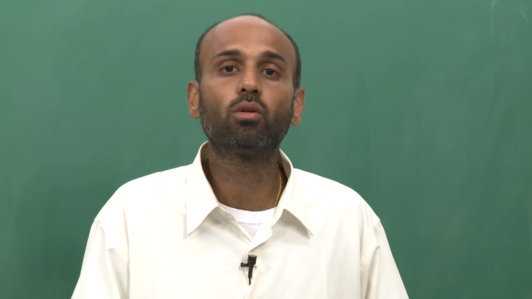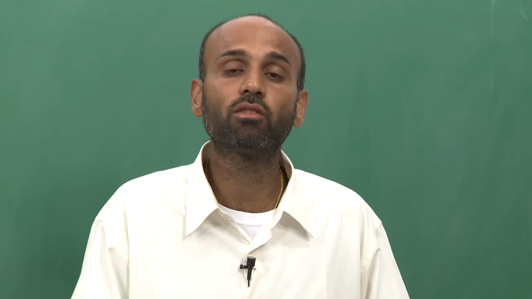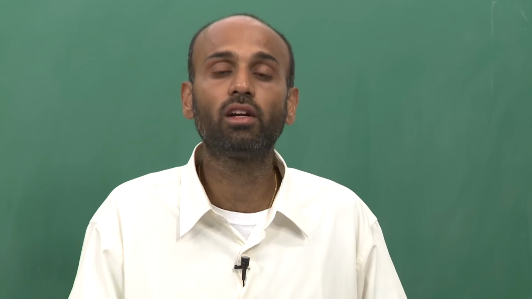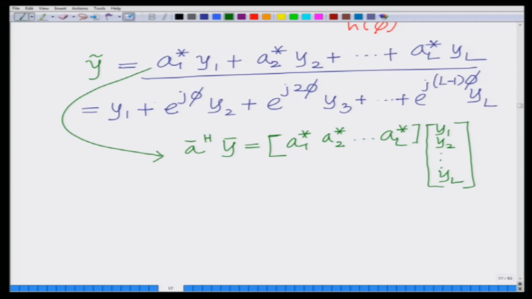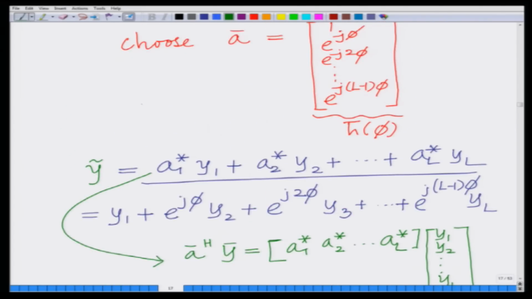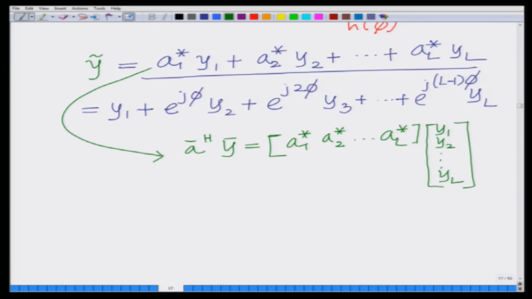This is also known as the spatially matched filter, the matched filter, or the maximal ratio combiner. So, this particular beamformer where A bar is equal to H bar of phi.